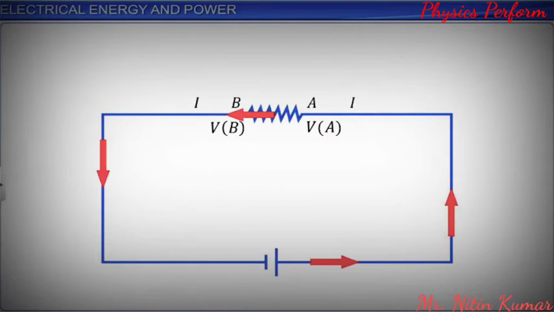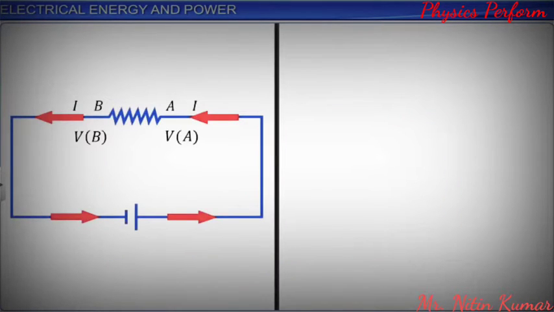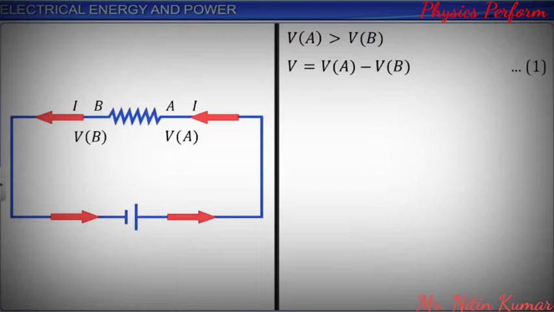As the current is flowing from A to B, the voltage at A is greater than the voltage at B. The potential difference V between points A and B is expressed as V is equal to VA minus VB. Let this be equation 1. As VA is always greater than VB, V will always be greater than 0.